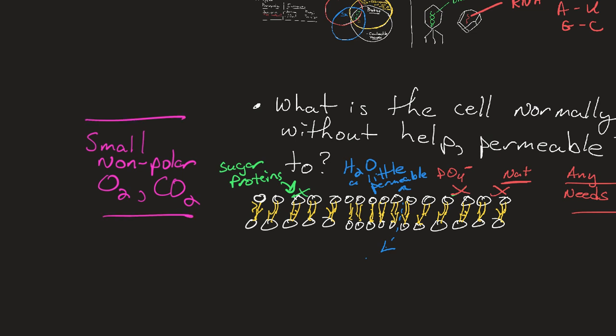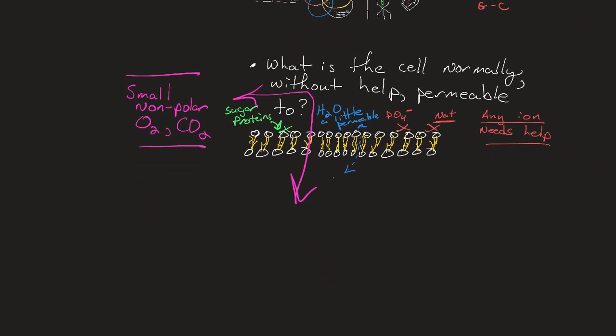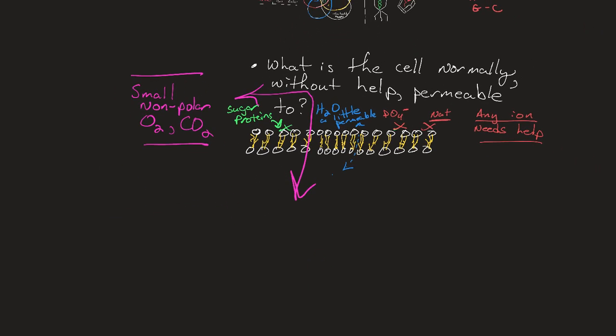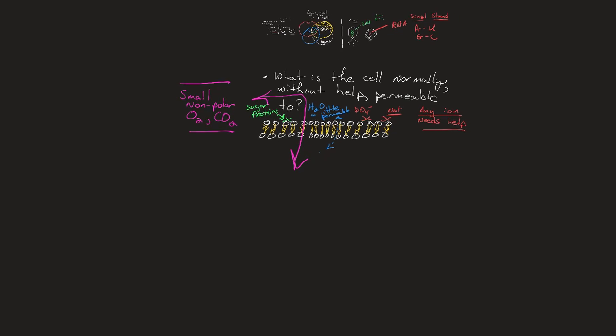They go through easily in both directions. All right, so that's what gets through without any help. So how do you get these things through with help? What is help? Yeah, some kind of transport protein.